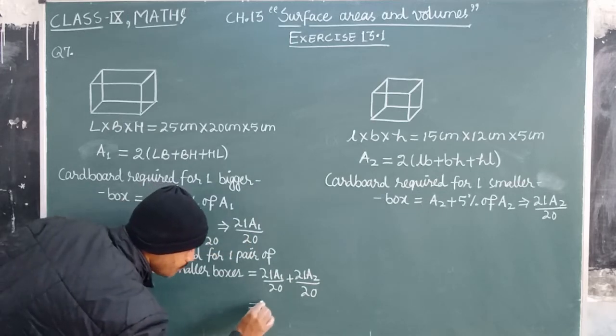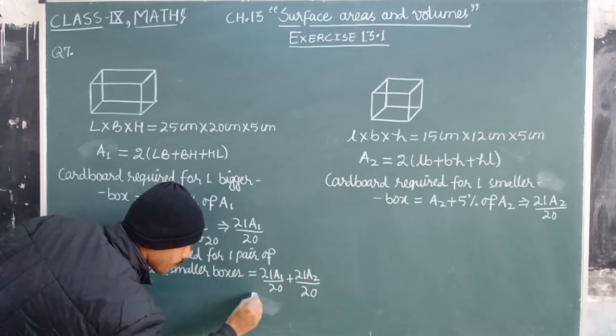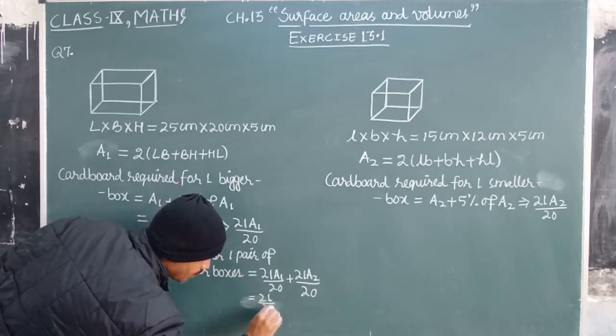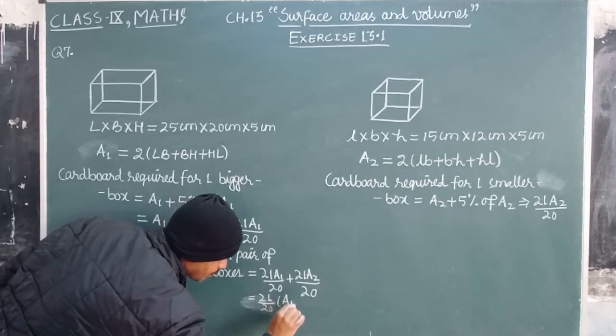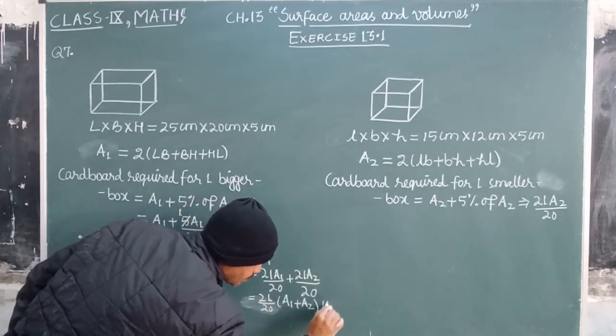This equals 21 upon 20, which is common, times the remaining A1 plus A2 square centimeter.